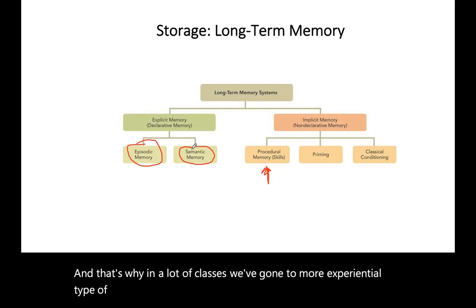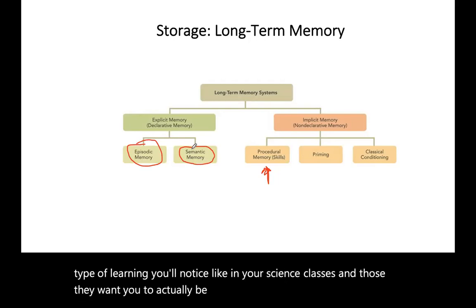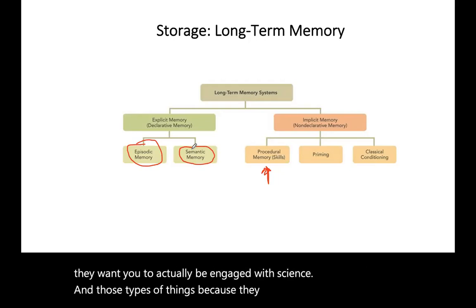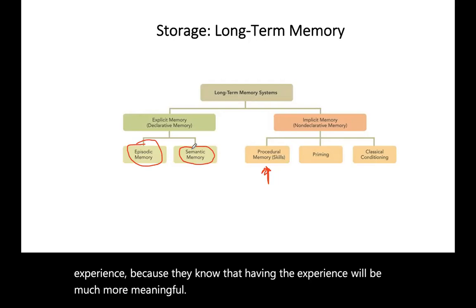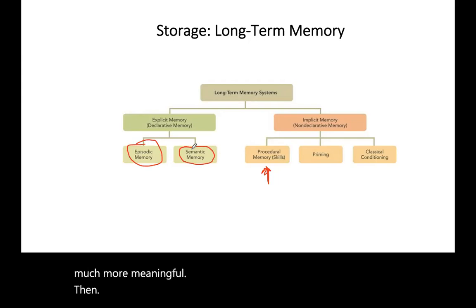You'll notice in your science classes, they want you to actually be engaged with science because they want you to have an experience, because they know that having the experience will be much more meaningful than if you just try to learn the chart for elements, for example, okay?